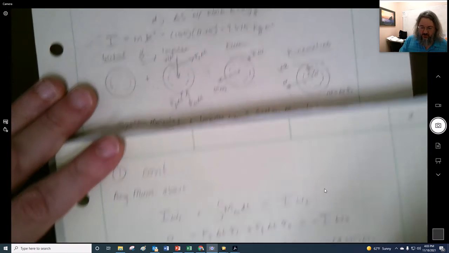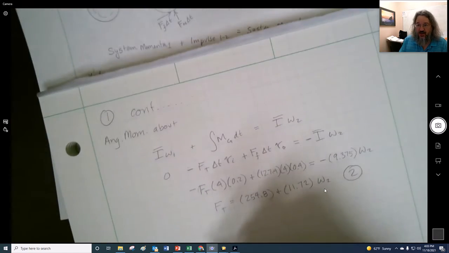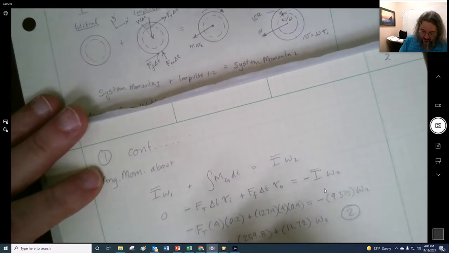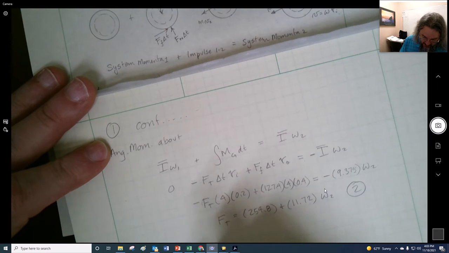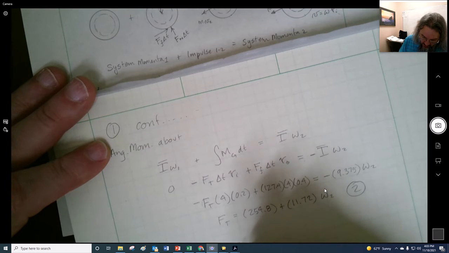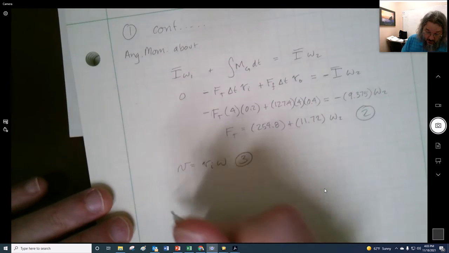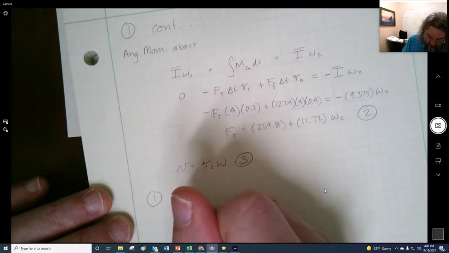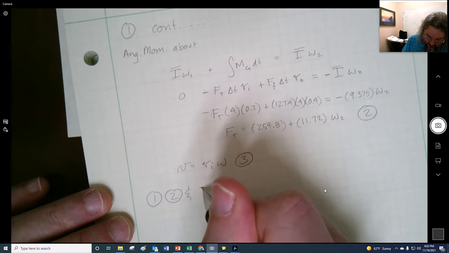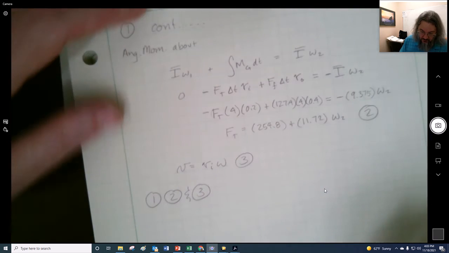But that's my other equation right there. I didn't do a good job of organizing this right here. I could say that the velocity is equal to R I omega and call that equation 3, right? So 1, 2, and 3 together.